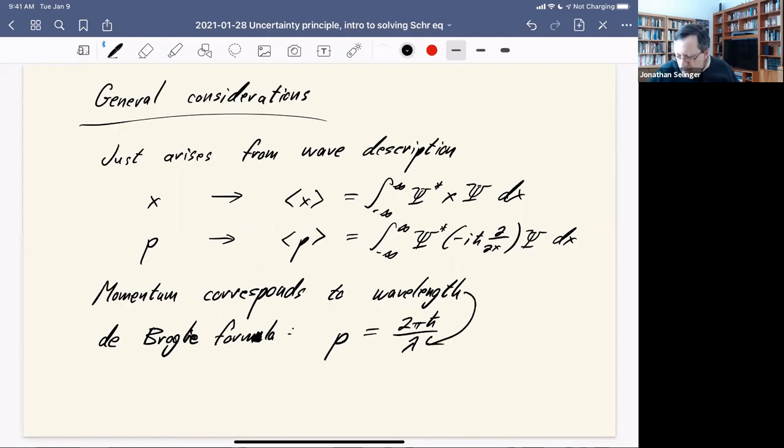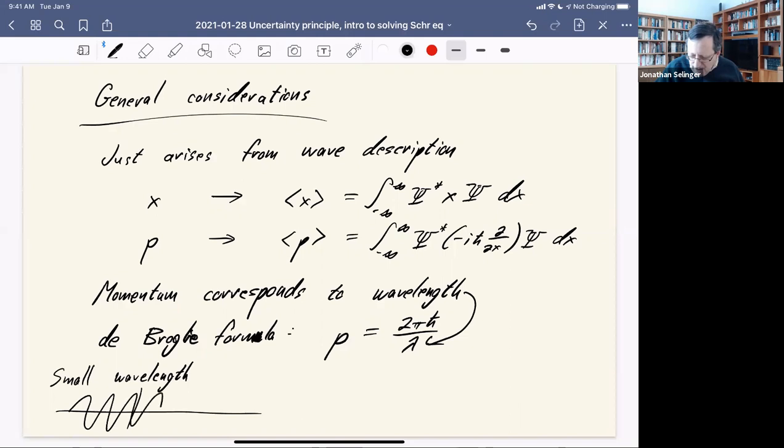This lambda is the wavelength. You can see that makes sense because when you have a wave with a small wavelength, it looks something like that, and it goes up and down a lot.